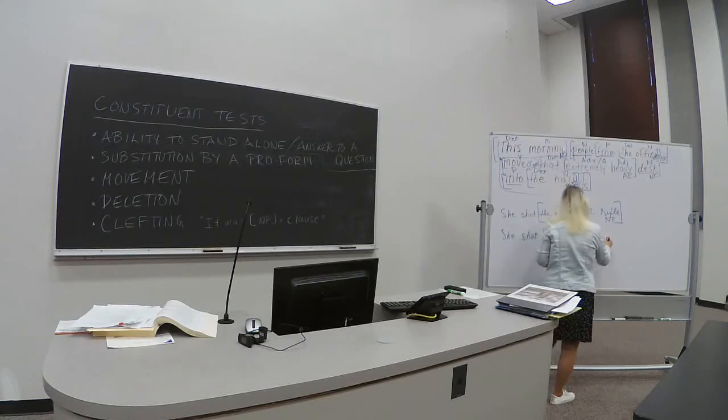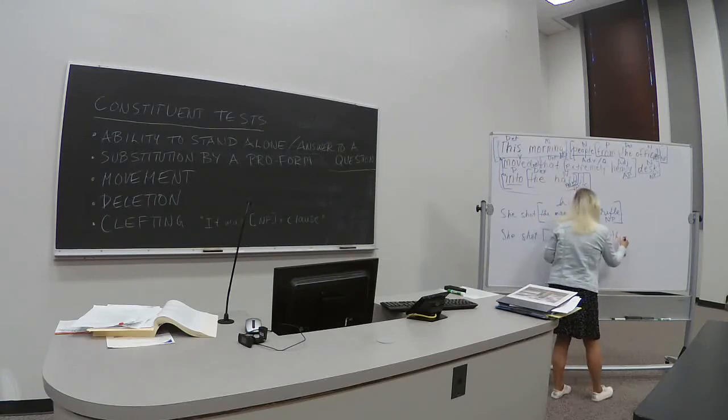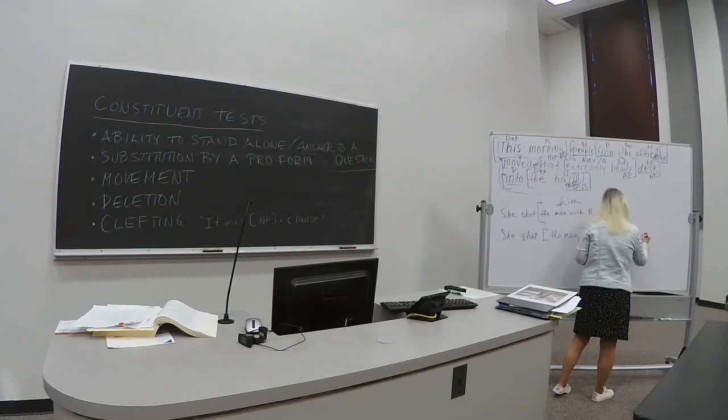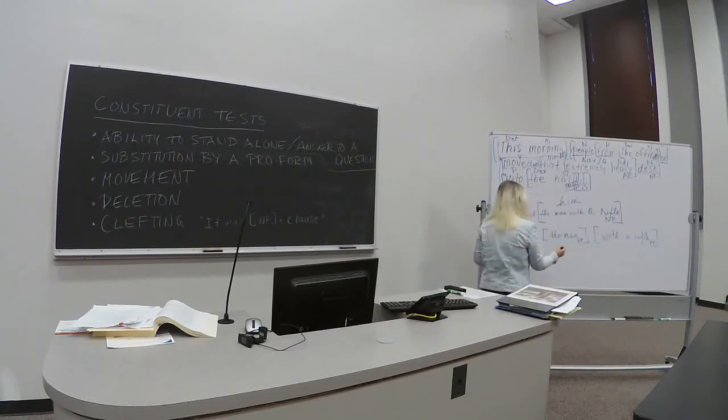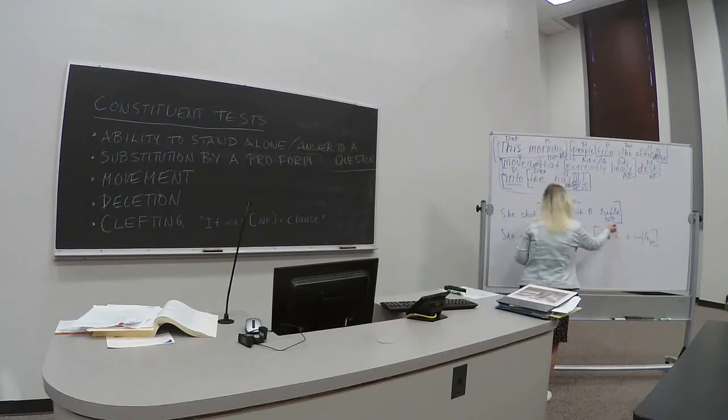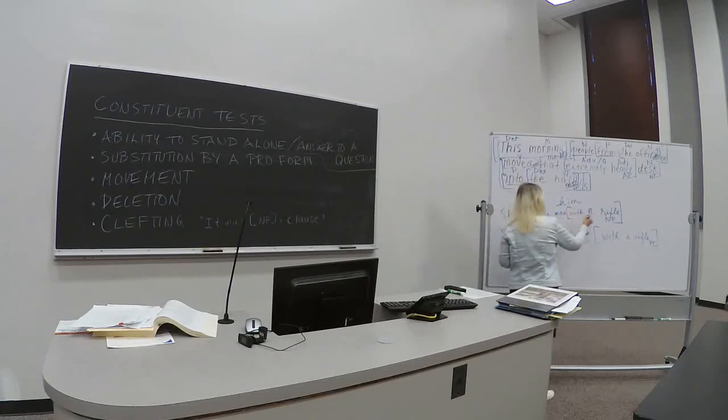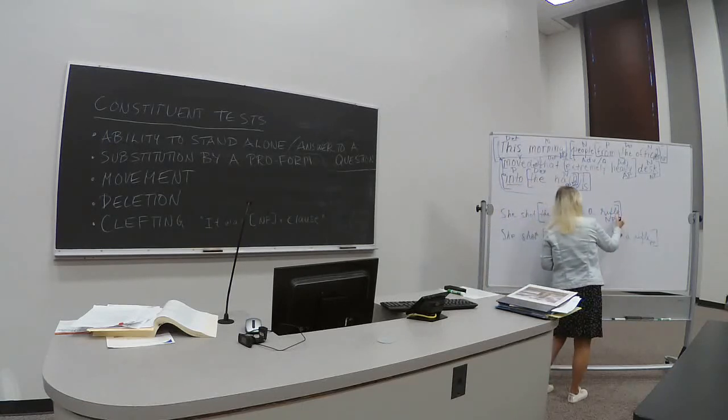And then we have with a rifle. How did she shoot the man? And here we have this prepositional phrase now modifying not the man. Like in this case, of course, the prepositional phrase is still there.